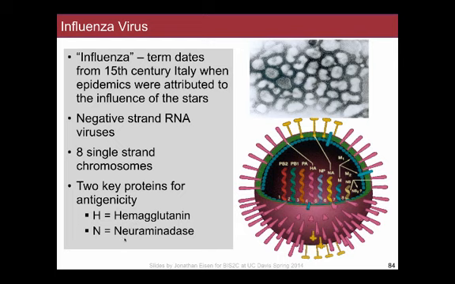They are abbreviated H and N. That's where the H1N1, for example, H5N1, etc., comes from for classifying influenza viruses. That's done by looking at the hemagglutinin genes and the neuraminidase genes and identifying which, in essence, monophyletic group of each of those genes that virus has for its hemagglutinins and neuraminidases.